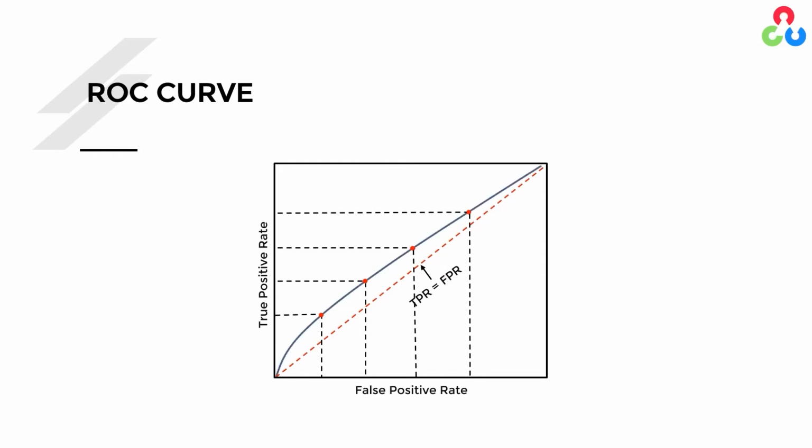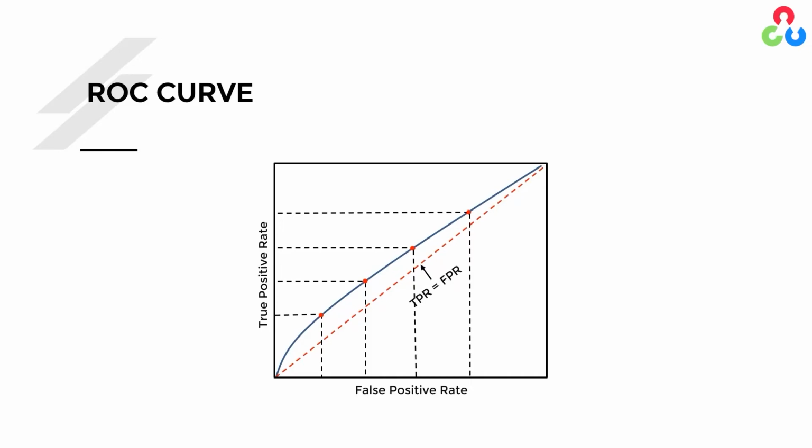Lowering the threshold makes the model classify more items as positive, thus increasing the number of true positives at the cost of more false positives. Otherwise, increasing the threshold will lower the number of false positives, but there will be fewer true positives too.